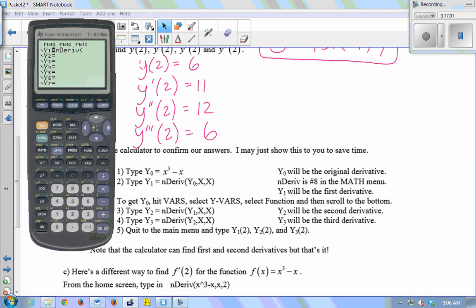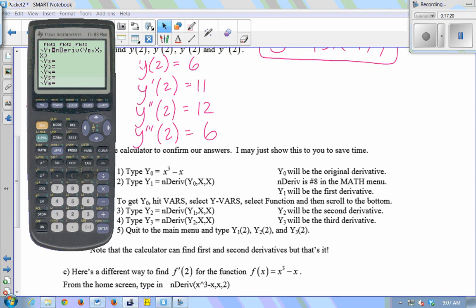Math 8. And I want to put y0, which is where my original function y is. So you go to the vars, y vars, function, and y0 is all the way at the bottom, comma x, comma x.